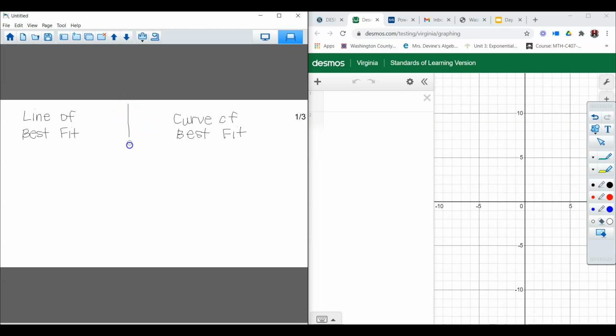Now, it's really important that we know how to recognize which one we're dealing with and that we also know the equations for these different things.